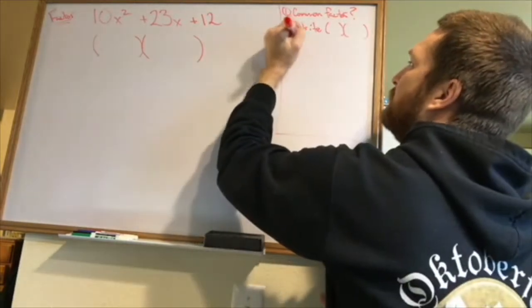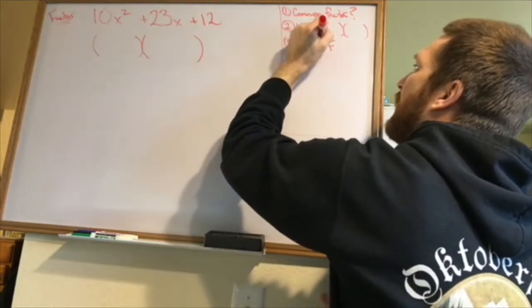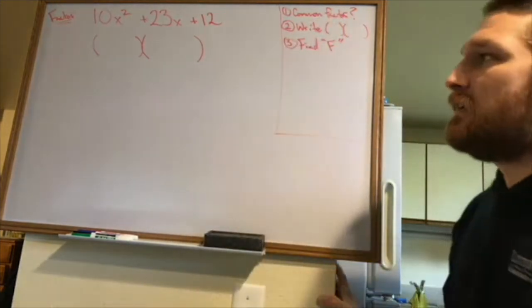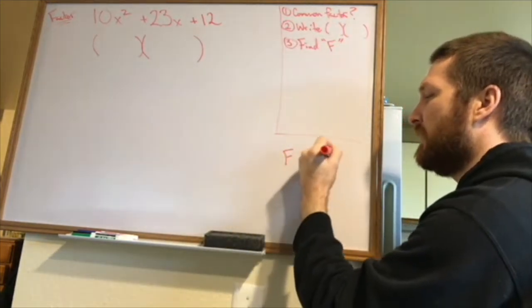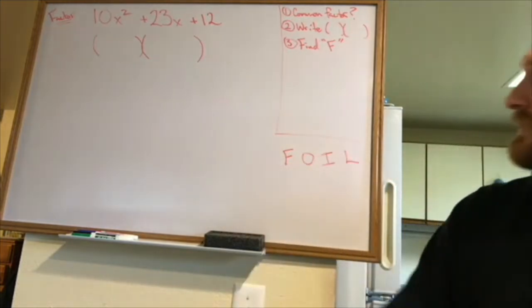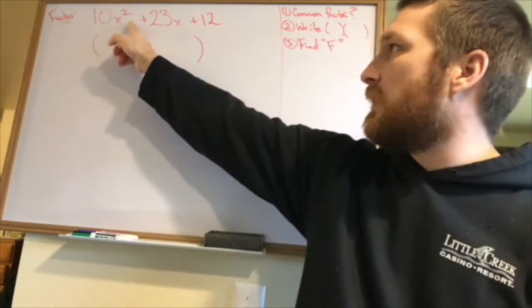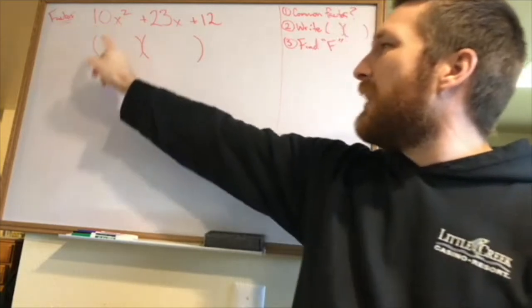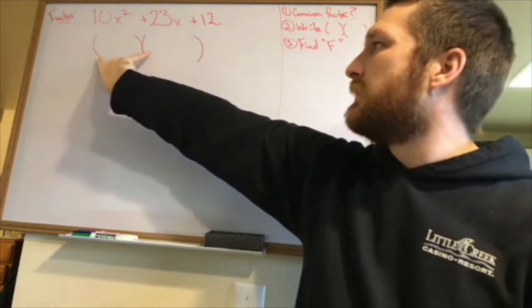Step 3. Find your F, right? And F, I mean, we're thinking about FOIL, right? First, outer, inner, last. We know that the first thing must have come from this. So what possibilities do we have for what can go right here?